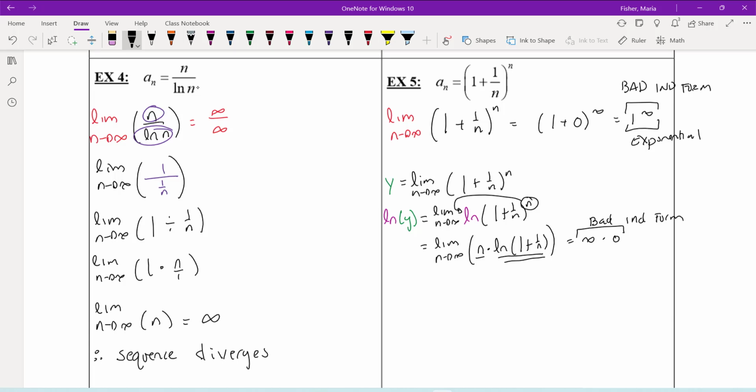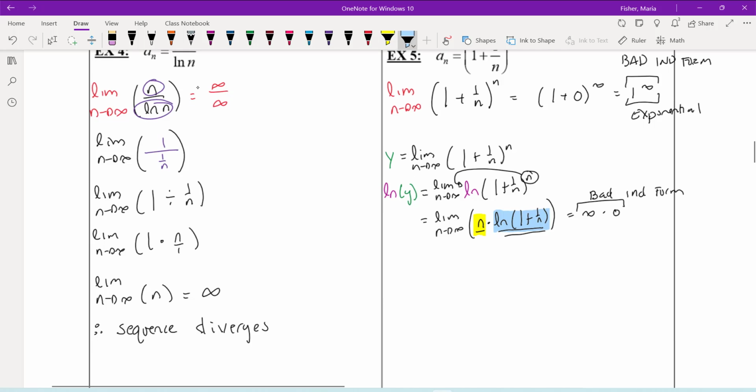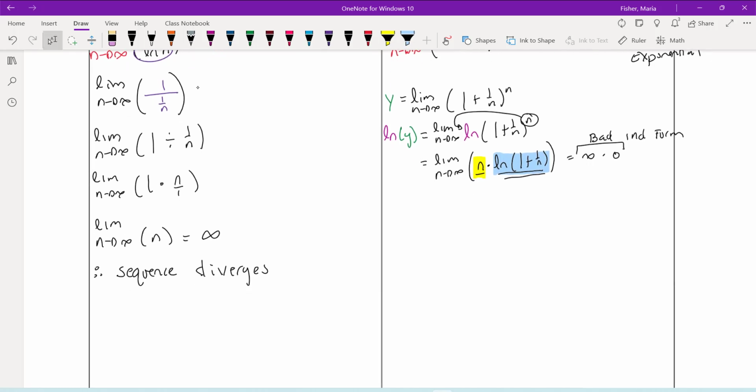I need to move one of these terms. I either need to move n or I need to move the natural log of 1 plus 1 over n. It is going to be easier to move n because I can move that just by making it a negative exponent. If I put it in the denominator by making it a negative exponent, I have the natural log of 1 plus 1 over n, and then the other one becomes n to the negative first.